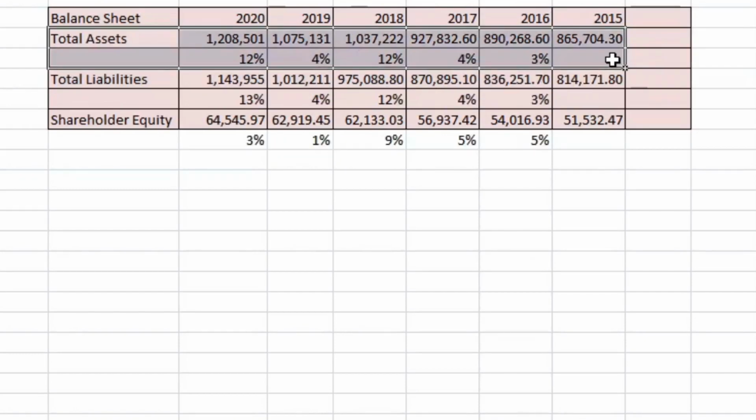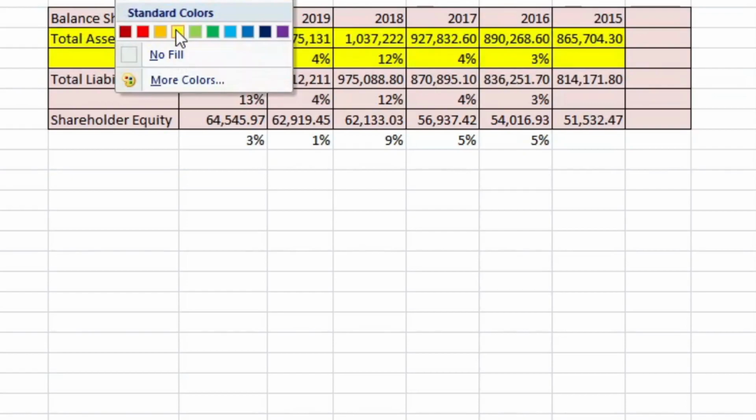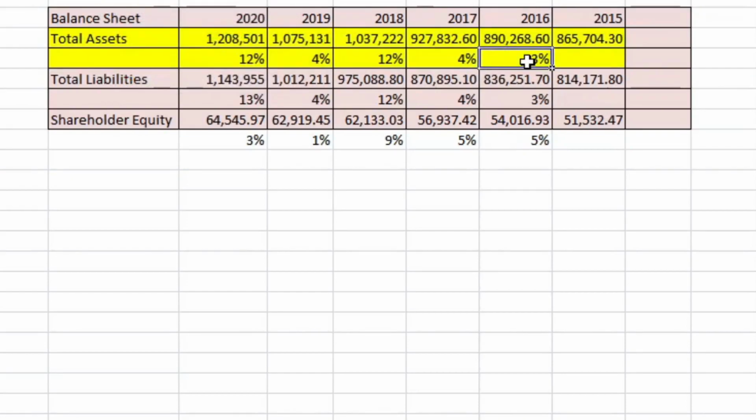The total assets here say essentially that the assets of the company grew from 2015 to 2016 by 3%, and 4% in 2017, and in 2018 it grew tremendously by 12%, 4% in 2019, and 12% in 2020.